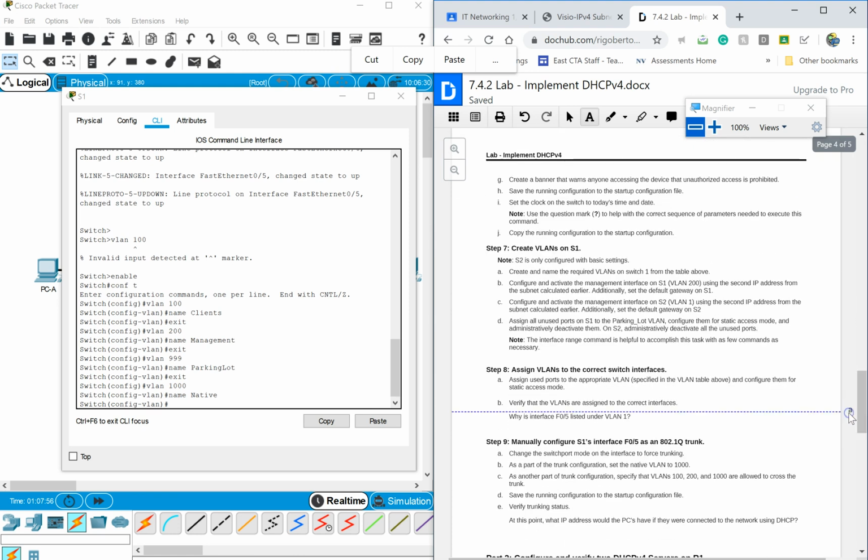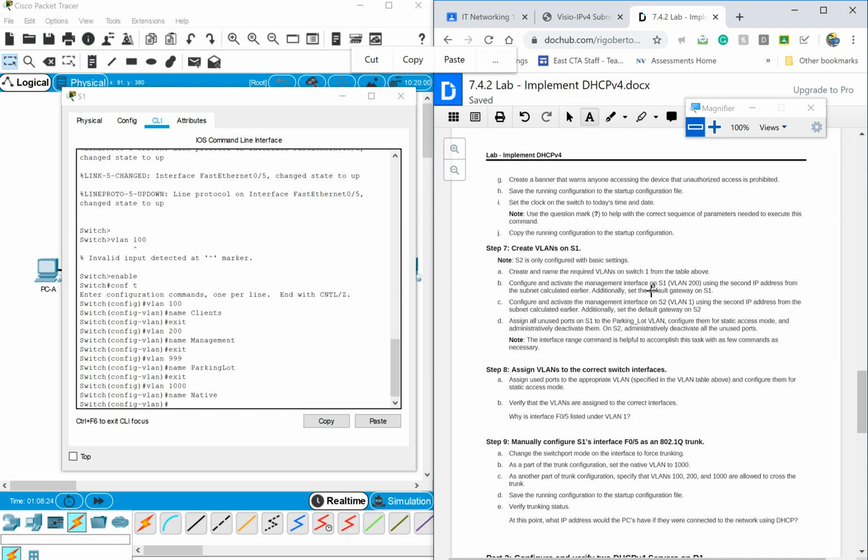Configure and activate the management interface on S1, which is VLAN 200, using the second IP address from the subnet calculated earlier. Additionally, set the default gateway on S1. Configure and activate the management interface on S2, VLAN 1, using the second IP address from the subnet calculated earlier.